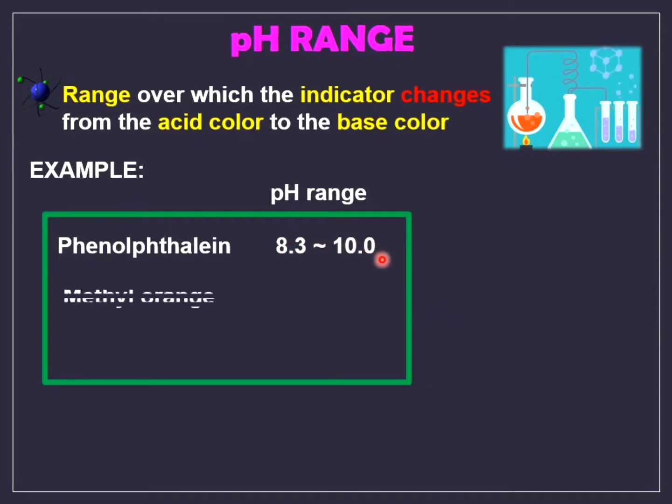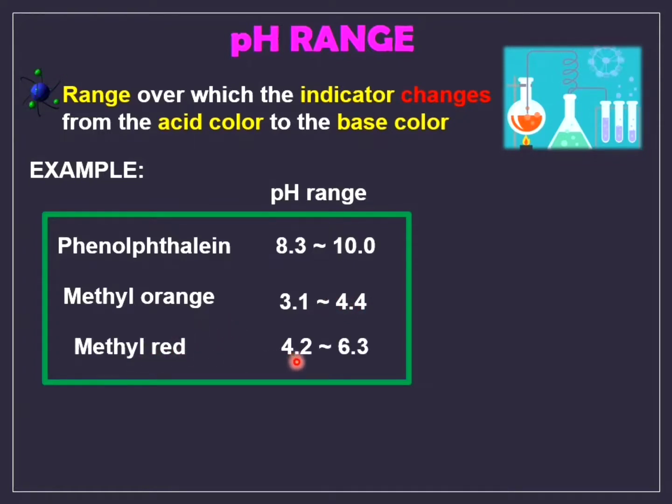Then we have methyl orange, with a range of 3.1 to 4.4. And then we have methyl red, with a range of 4.2 to 6.3. For methyl orange and methyl red, kita tak pernah guna in our titration process except for the student SES.